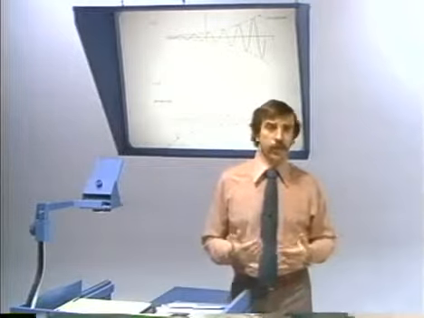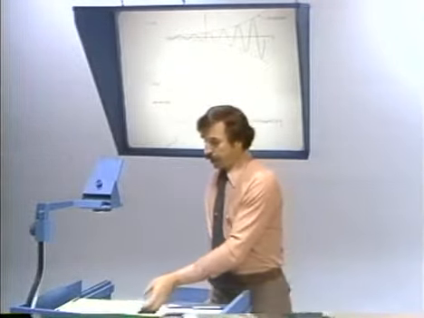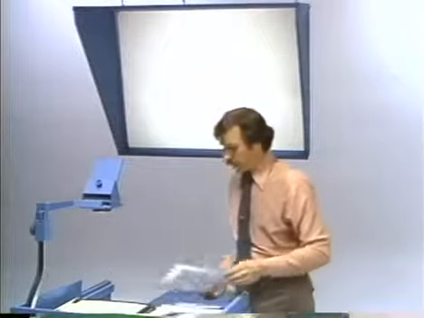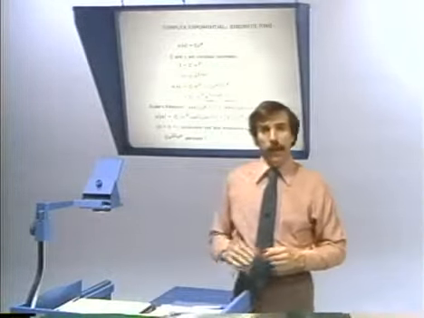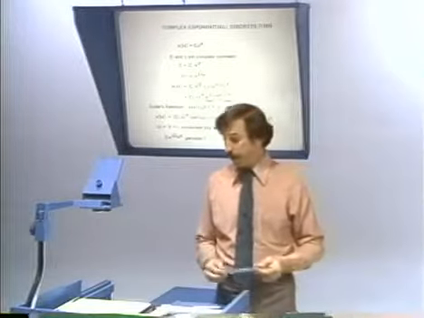Okay, now in the discrete time case, we have more or less the same kind of outcome. In particular, what we'll make reference to are complex exponentials in the discrete time case.